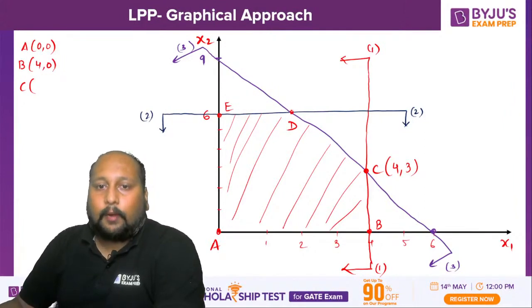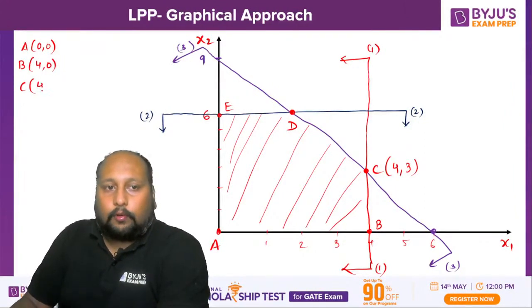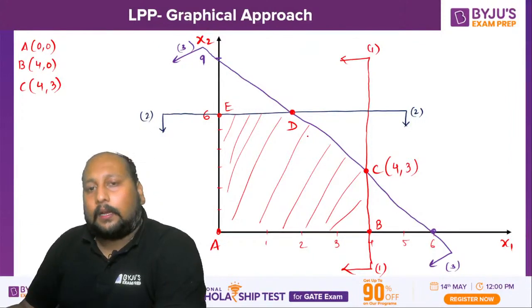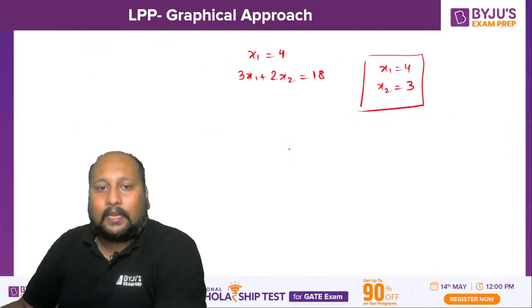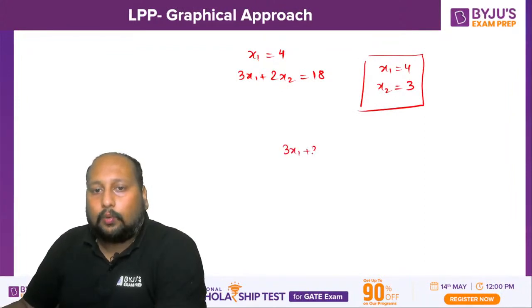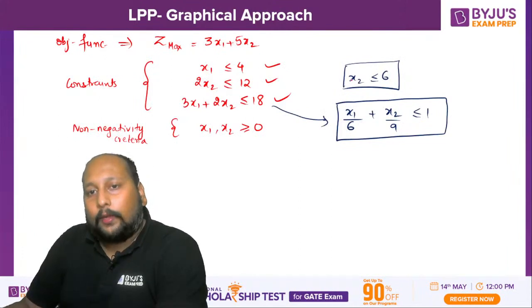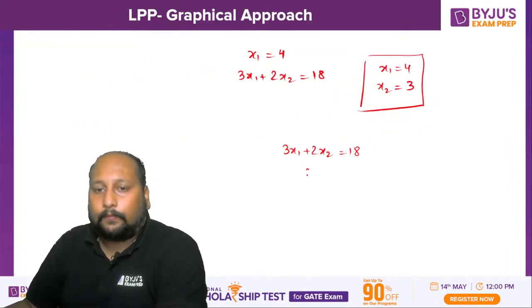Now point D is the intersection of constraint number 3 and constraint number 2. Constraint number 3 is again 3x1 plus 2x2 is equal to 18, and constraint number 2 is x2 is equal to 6.